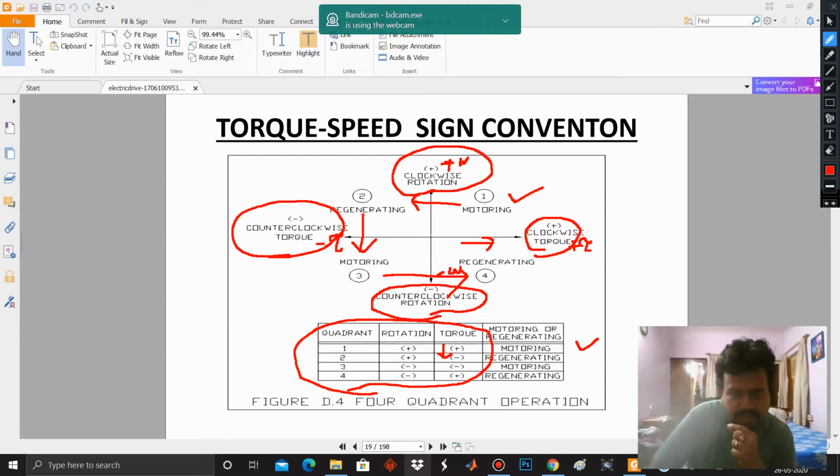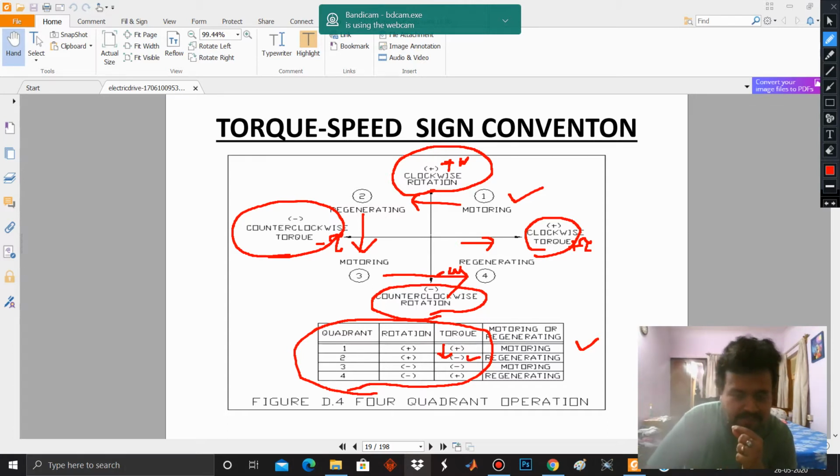If the direction of rotation is clockwise, as we assumed during motoring, in the second quadrant also it is clockwise, but the torque has become negative. So if the torque was clockwise in the first quadrant, in the second quadrant it has become counterclockwise, and that's why there is a sign change here.